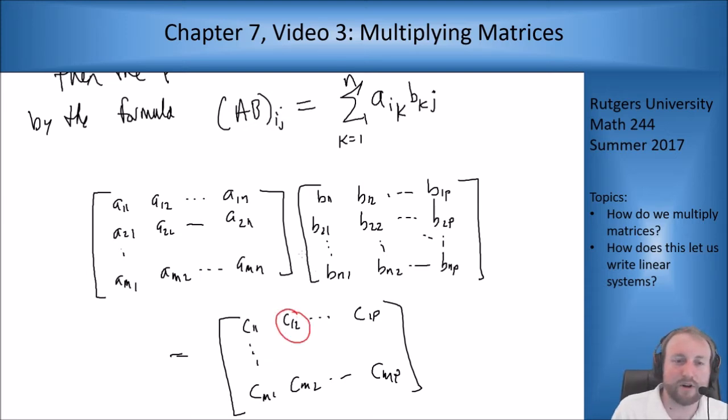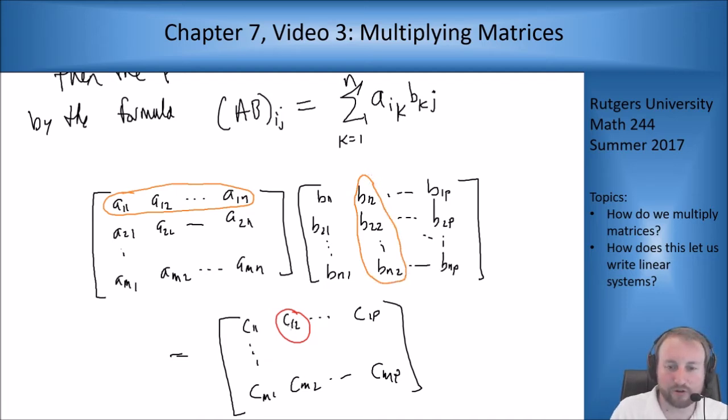I'm going to take the first row of A and the second column of B, because my entry here is in the first row, second column. So I want to take the first row of the first matrix, the second column of the second matrix, and I want to multiply them together component-wise. So I'm going to take A11, multiply it by B12. I want to take A12, multiply it by B22, and so on down the line.